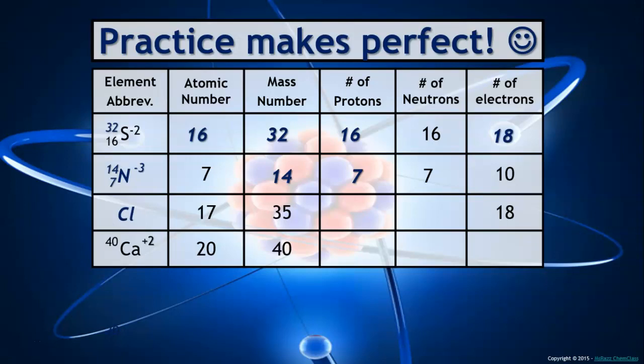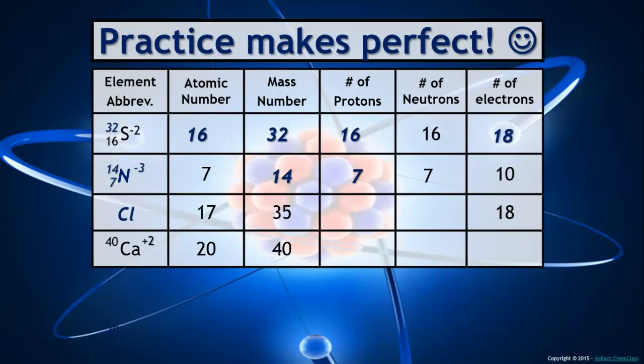Next row is chlorine. We know that because the atomic number, it says, is 17. And 17, if we look at the periodic table, is chlorine, capital C, lowercase l. We also have been given the mass number of 35, and we've been given the number of electrons as 18.